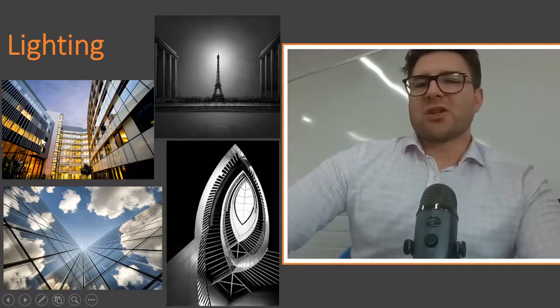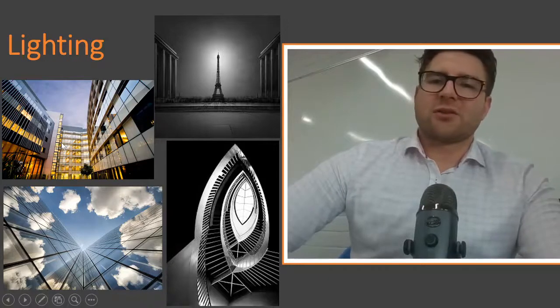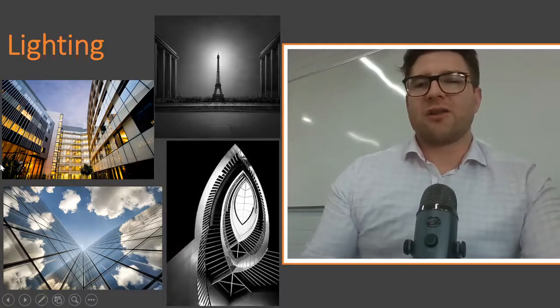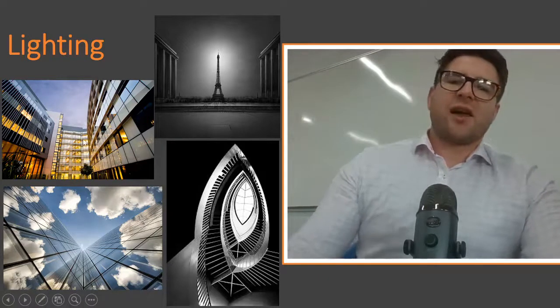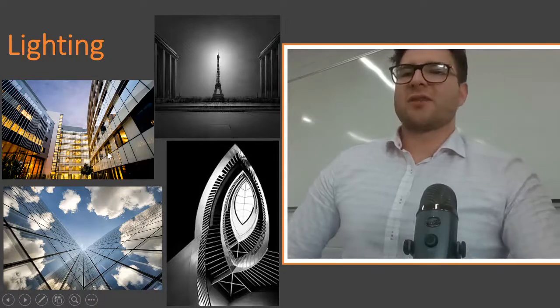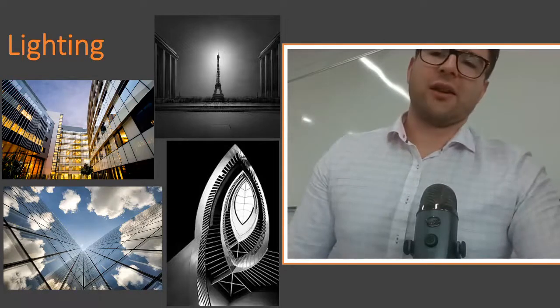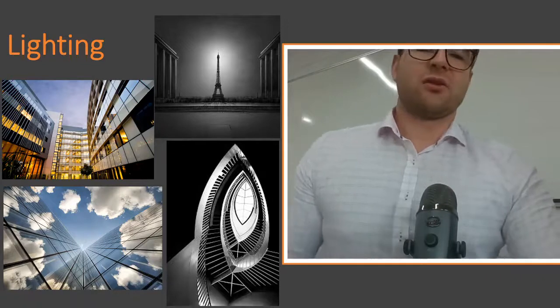Another option might be to shoot later at night or at dusk when the lights of the building start to turn on. Then you get all these interesting colors and you're able to see inside the building itself. So that's another way of incorporating light, architectural light, into your image.